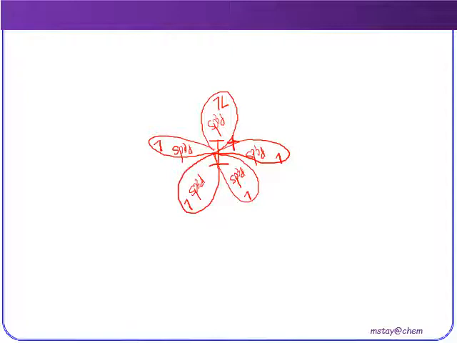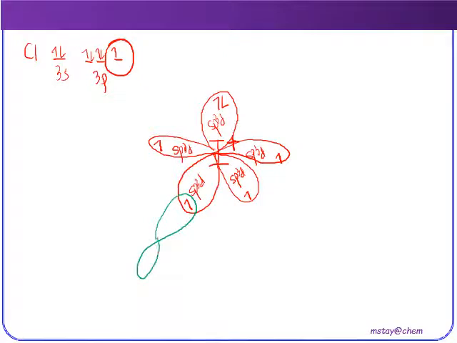Okay, then Cl again is Cl, so we already have the idea. 3s orbital and then 3p has 1 unpaired electron. So this unpaired electron in the 3p orbital is going to overlap with the I+. So overlap 1 electron, sigma, chlorine 3p.